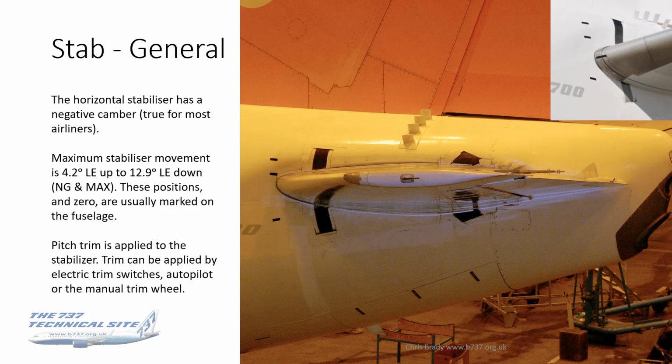These positions and the zero position are usually marked on the fuselage, like in the photograph there and the inset photograph up in the top right corner. Pitch trim is applied to the stab, and trim can be applied by either the electric trim switches, autopilot, or the manual trim wheel. So they're your three sources of trim.